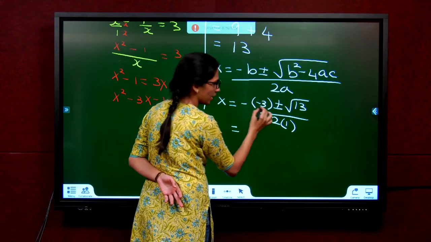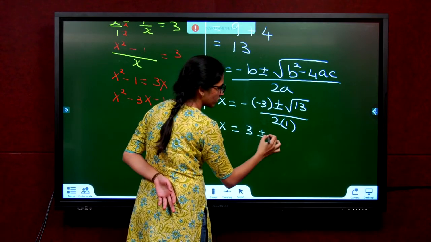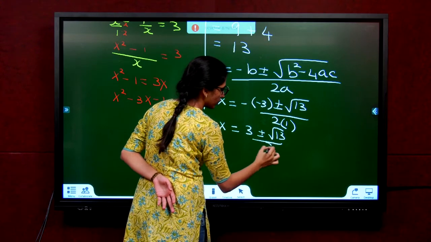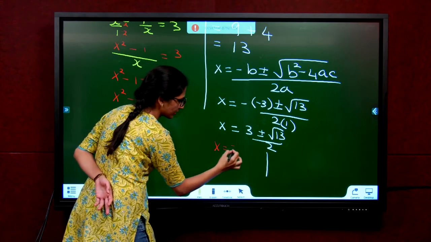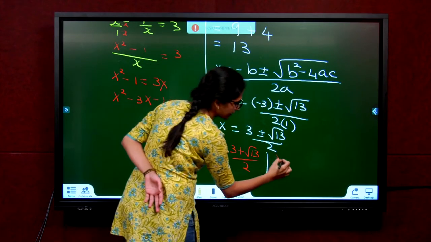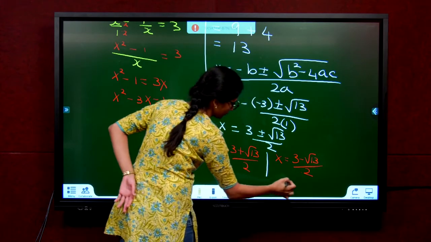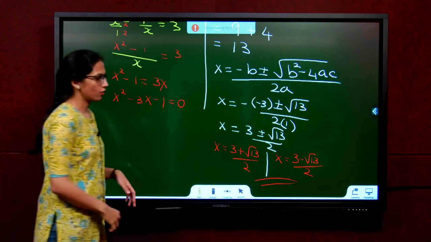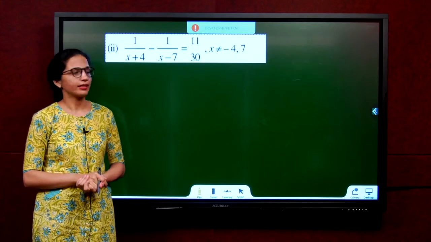So minus into minus is plus, 3 plus or minus root 13 by 2. This will give two answers. x equals 3 plus root 13 by 2 and x equals 3 minus root 13 by 2. So these are the roots of the quadratic equation. Okay, next question.